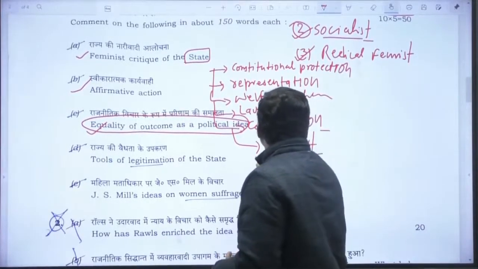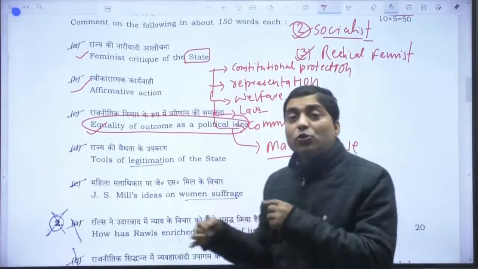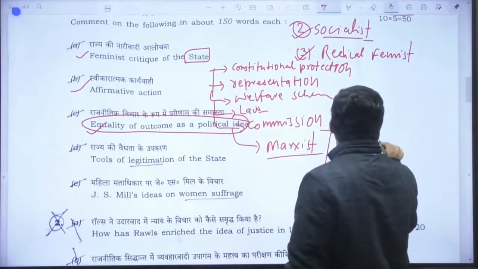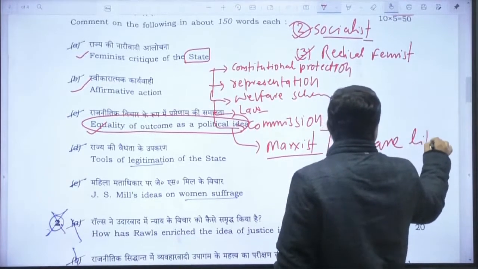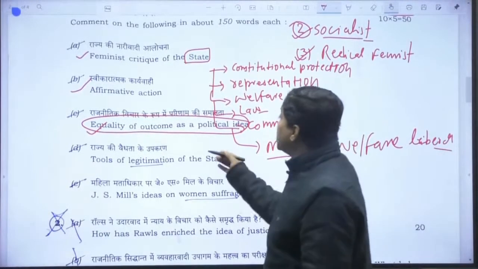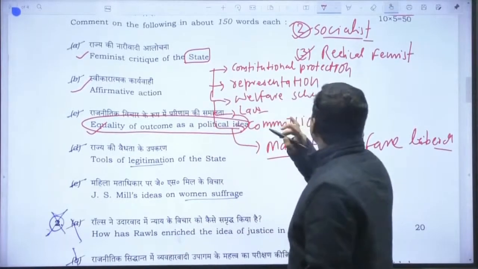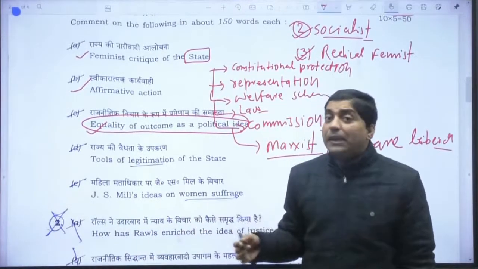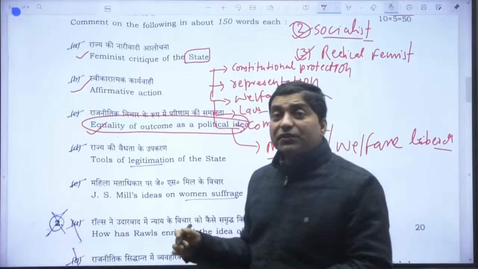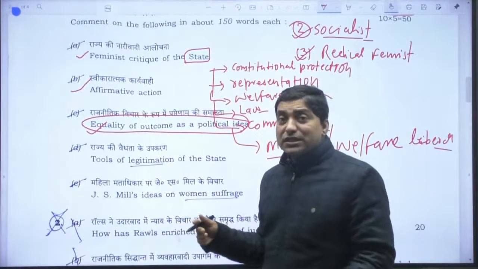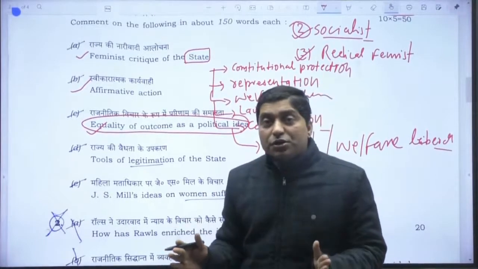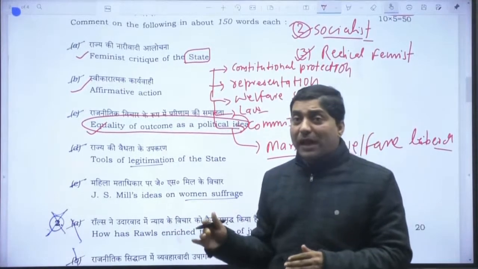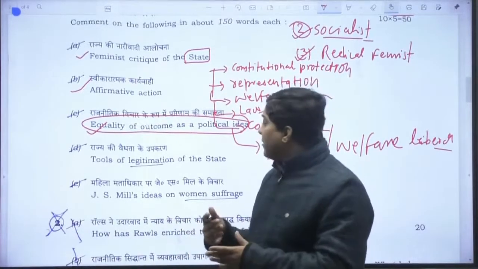So basically this is a Marxist idea, or you can say the welfarist idea, because welfare liberals also talk about equality of outcome as a concept. For example, if you look at Article 16, which talks about equality in public employment, but read Article 16.4, 16.5, 16.6, which talk about special representation or special provisions for socially and educationally backward communities. The state can formulate.